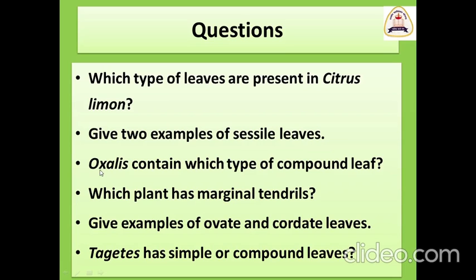The plant Oxalis contains which type of compound leaves? You have to observe which plant has marginal tendrils, leaf margin tendril. Give examples of ovate and cordate leaves. And the plant Tagetes has a simple or compound leaf? You have to observe these plants.